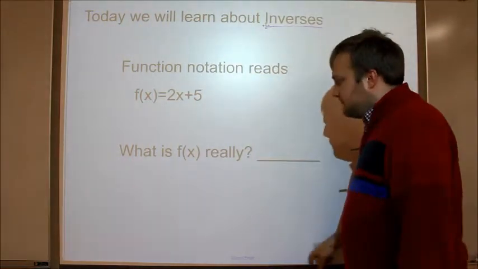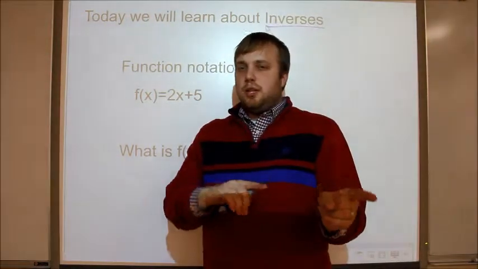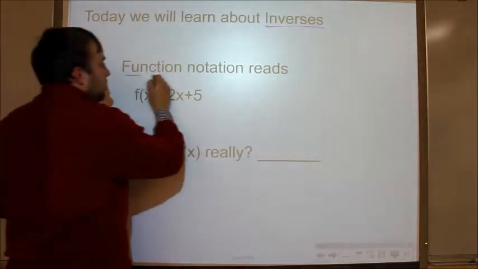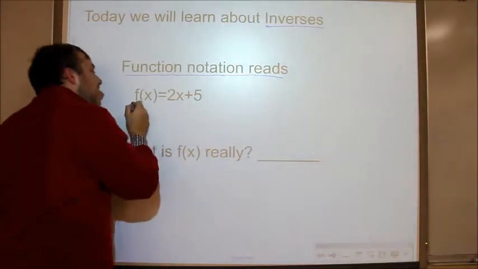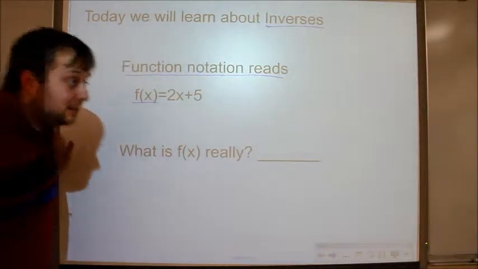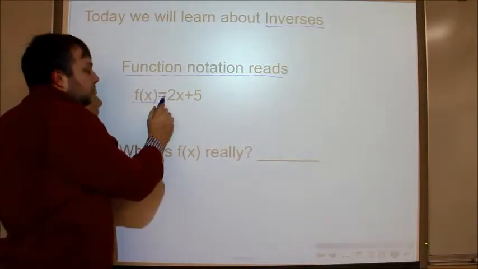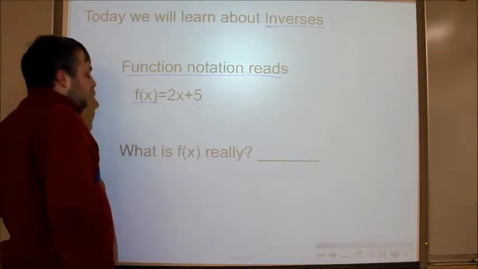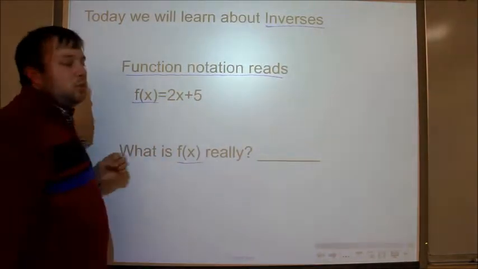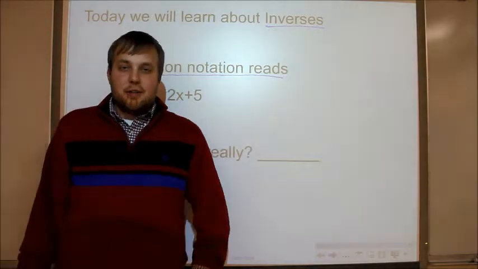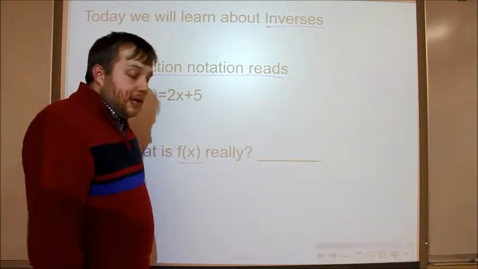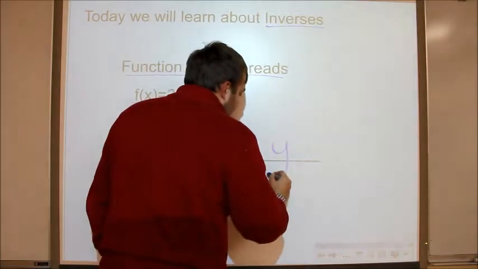Alright, so first of all, before we get into inverses, something you need to remember from before is that function notation reads as f of x. Do you remember that? F of x equals 2x plus 5. What is f of x really? What is the real thing that we put f of x in for, actually? Well, the answer is y.